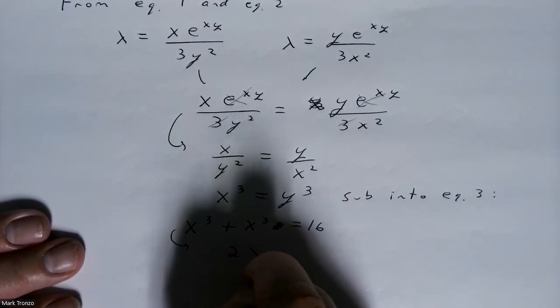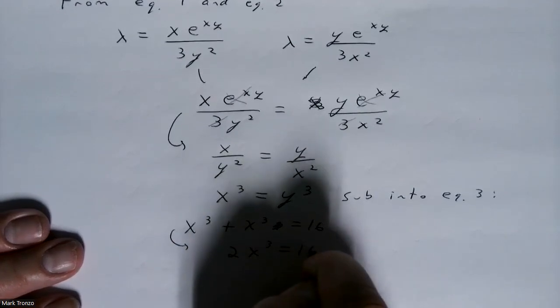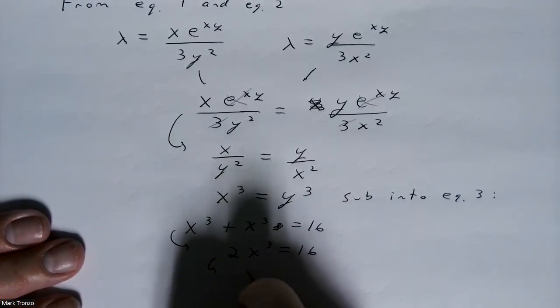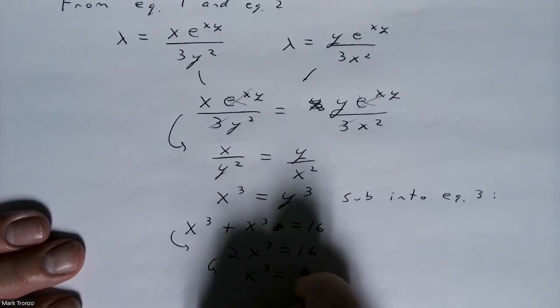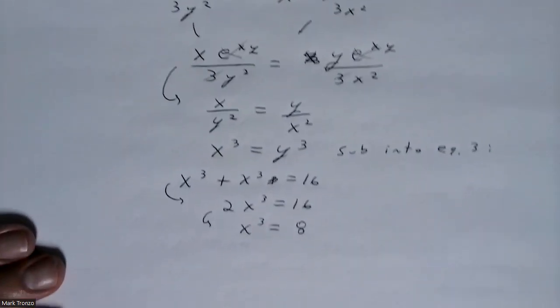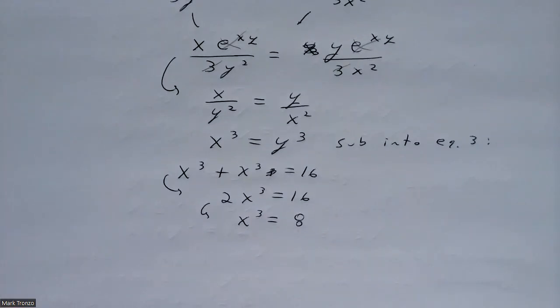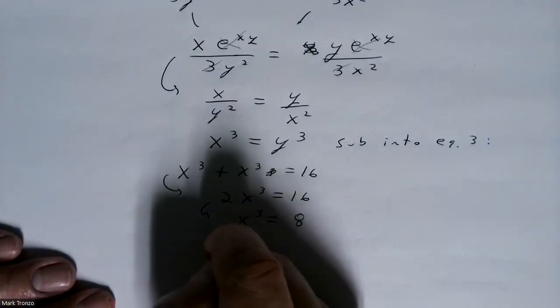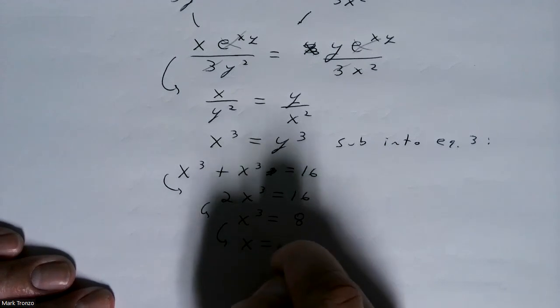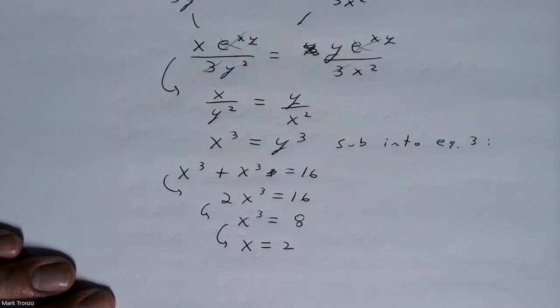That's going to give us 2x cubed is 16, so x cubed is 8. And of course, the cube root of 8 is in fact 2. So that means x is going to be equal to 2.